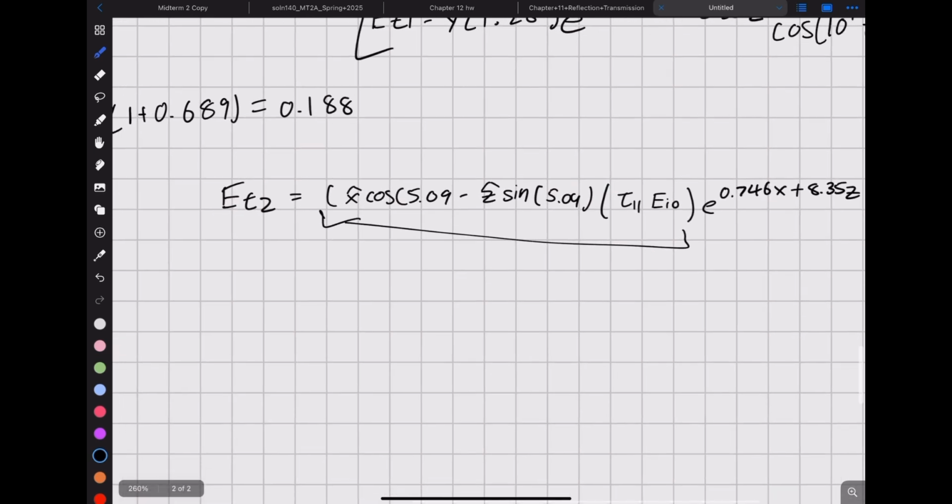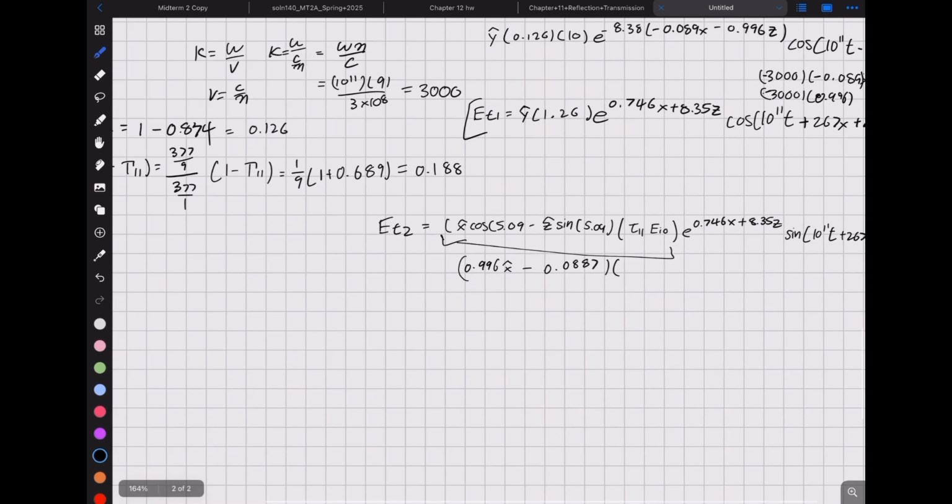So simplifying this, cosine of 5.09, let me calculate that. Cosine of 5.09, we're going to have 0.996, let's put that in the x hat, minus sine of that, which is 0.0887, multiplied by the gamma parallel, which is 0.188.